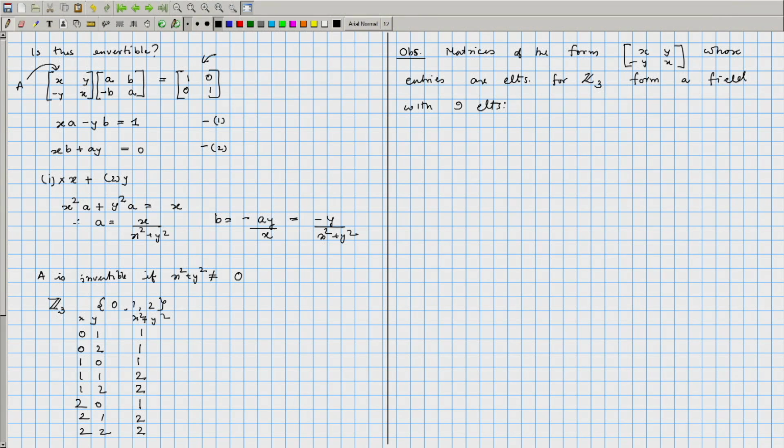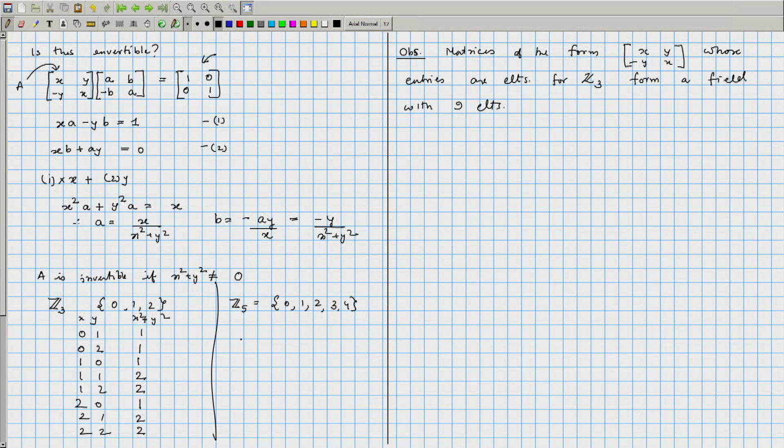We will see other methods for constructing fields, but maybe a similar thing would work if we take Z5. Will we get a field with 25 elements? Let us try and choose x and y from Z5, which has the elements 0, 1, 2, 3, 4.